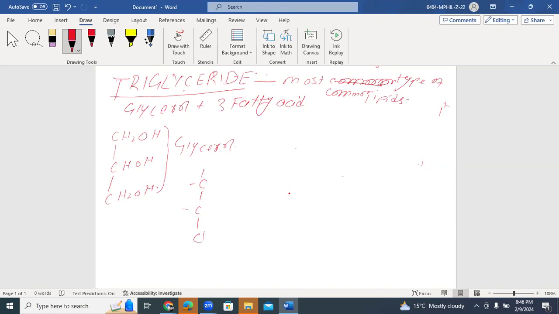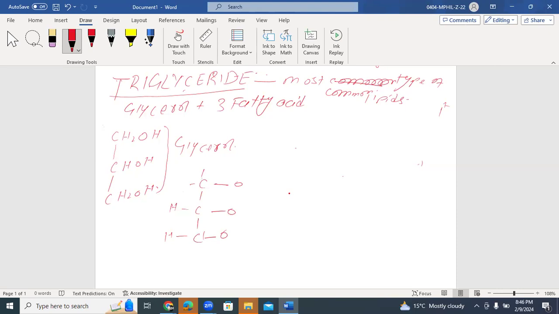There are three carbons here. There is hydrogen, there is hydrogen. Here you would have oxygen, oxygen, oxygen. On this side, you are going to add fatty acids. Now you should recall the structure of fatty acid. What is the first carbon in case of fatty acid? That carbon is of the carboxylic acid.